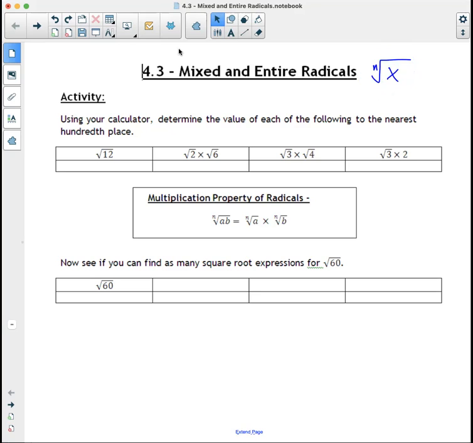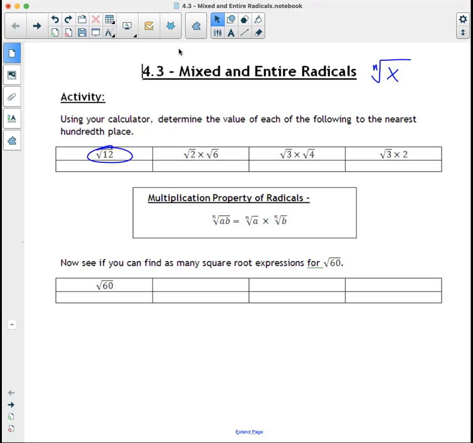First I would like to draw our attention to the multiplication property of radicals. The product of the radicand is equal to the product of two different factors of that radicand. The first example we're going to look at is root 12.